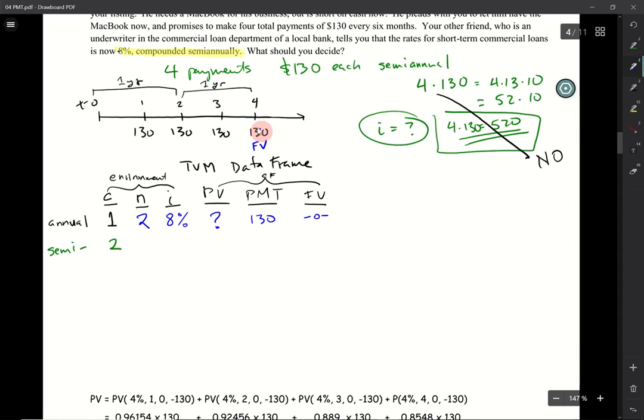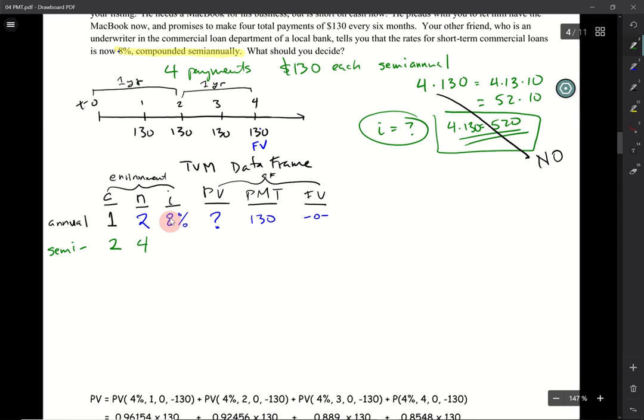So how many compounding periods are we dealing with? 4, right? We get that by taking the annual number of periods, 2 years, and multiplying by the compounding, because there are 2 compounding periods in each year. So the total that we're dealing with is 4.